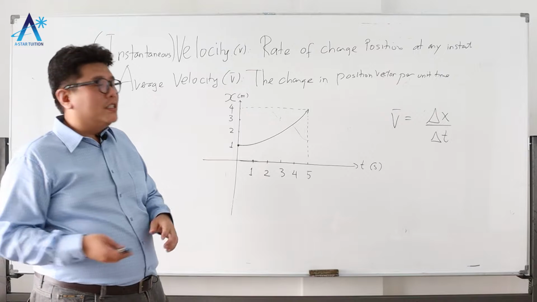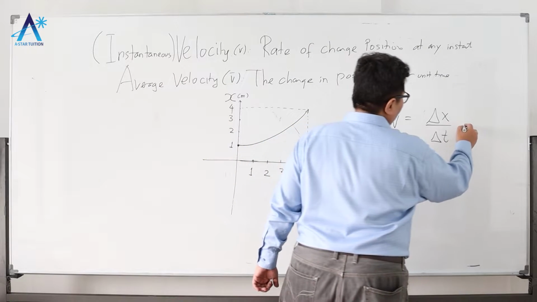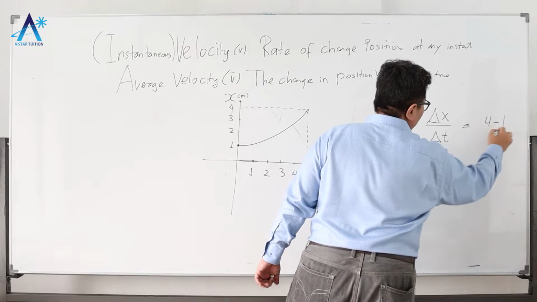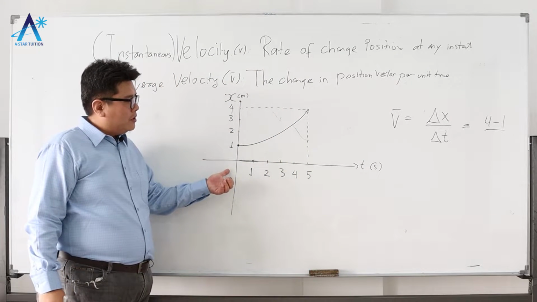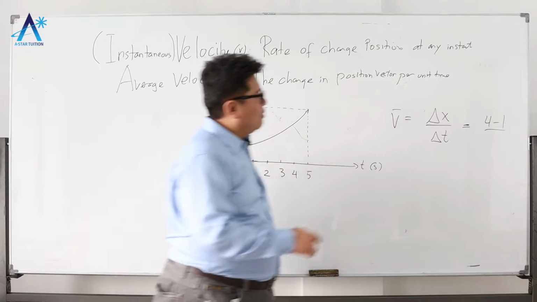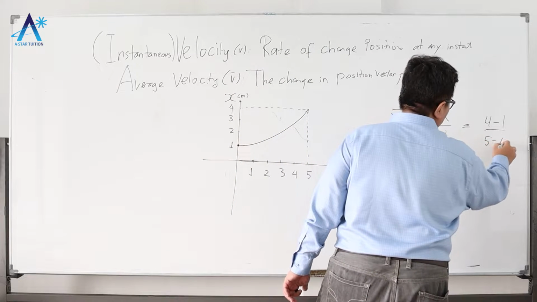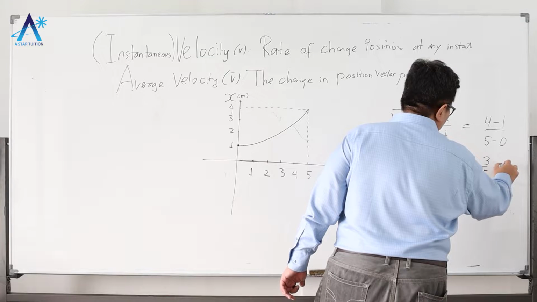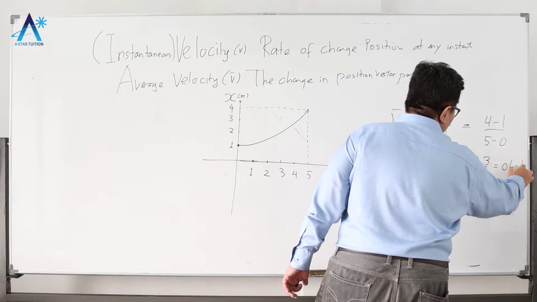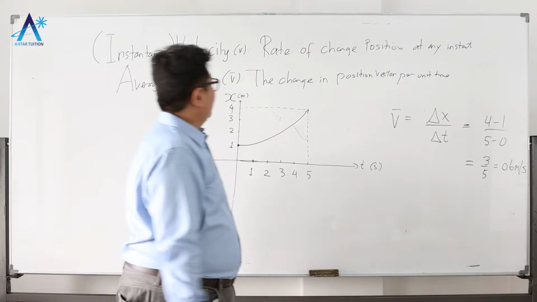So the change in position is 4 minus 1. And the time starts from 0 and ends at 5, so 5 minus 0. So the answer is 3/5, which is equivalent to 0.6 meter per second.